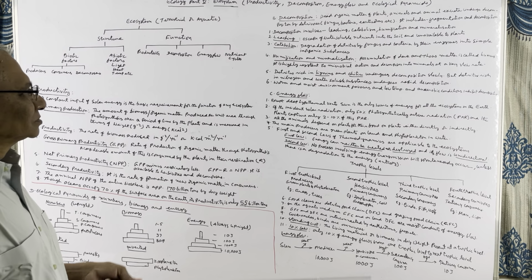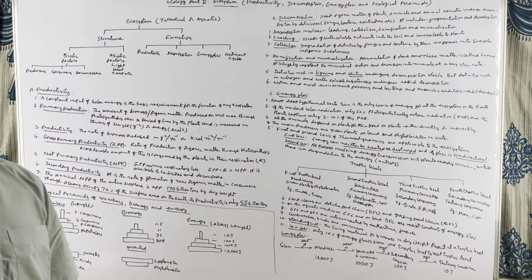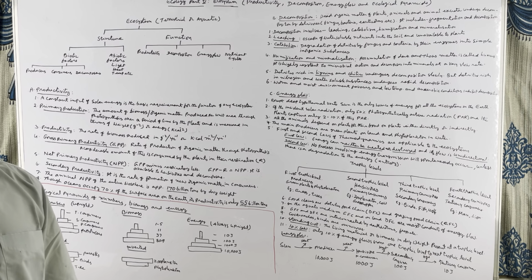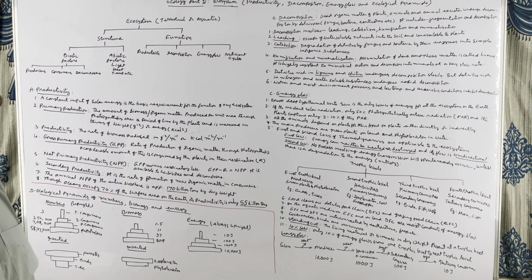Then catabolism. The decomposers obtain energy by decomposing the dead organic matter, and this energy runs the biological processes of the decomposers.